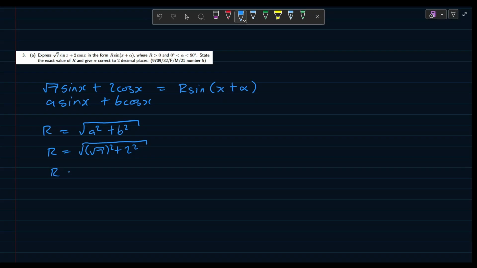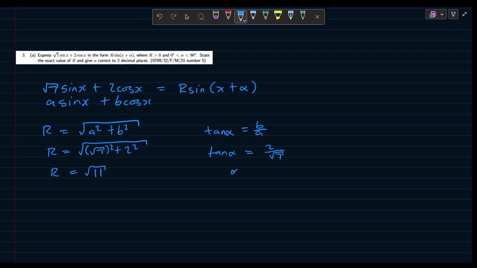So r is equal to, let's punch this into the calculator, the square root of root 7 squared plus 2 squared, and this gives us root 11. And then for alpha, we said under r sine, tan alpha is going to be equal to b over a. So tan alpha is equal to 2 over root 7.